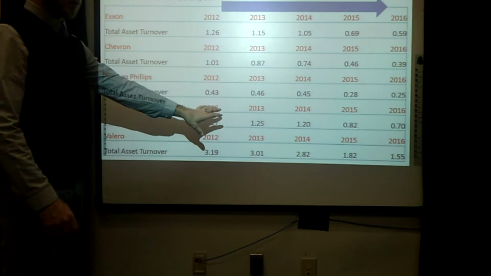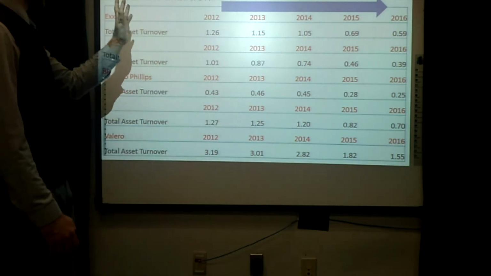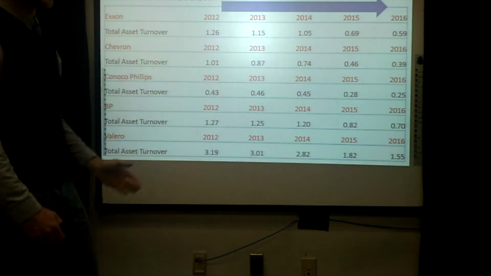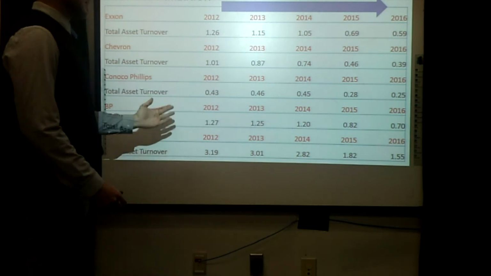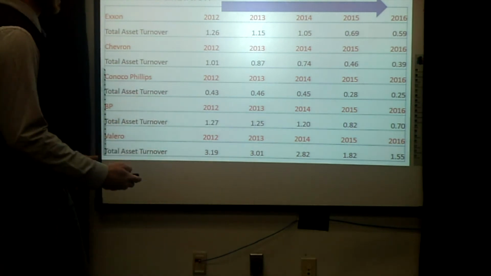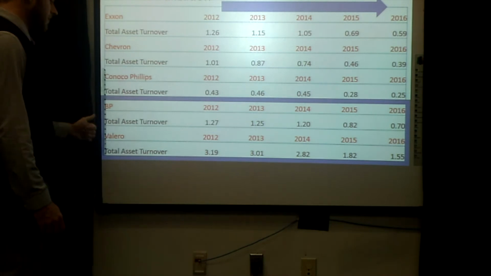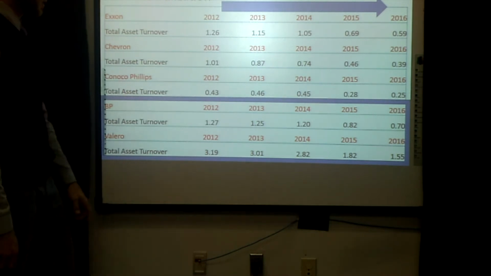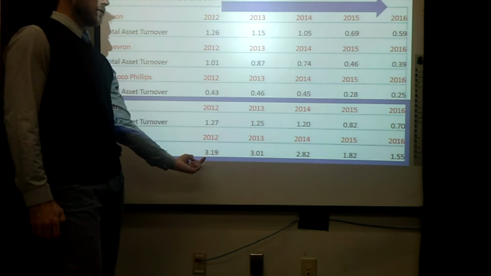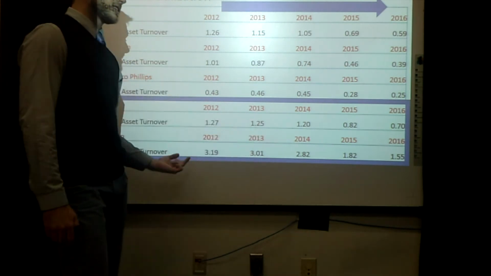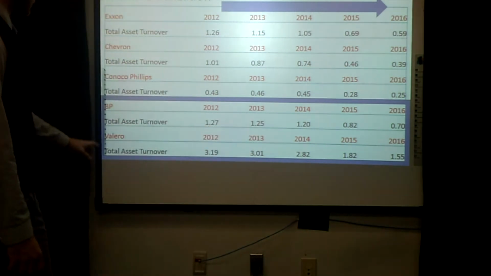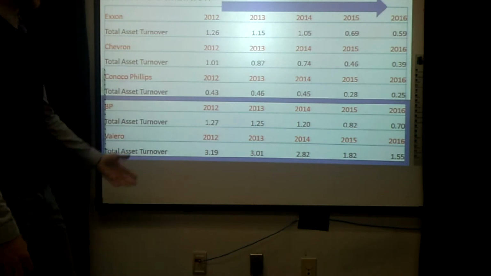Other than that, and it's barely a rise, every single year these companies decrease, which leads me to believe it's the industry as a whole that is utilizing assets less efficiently. So the industry itself is changing. That being said, we pick BP and we pick Valero because Valero is the only one that's actually selling more than its assets, and BP is the next best one.